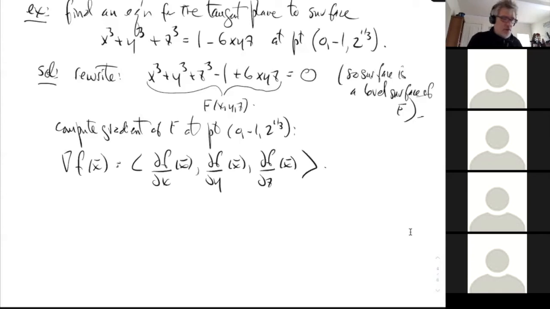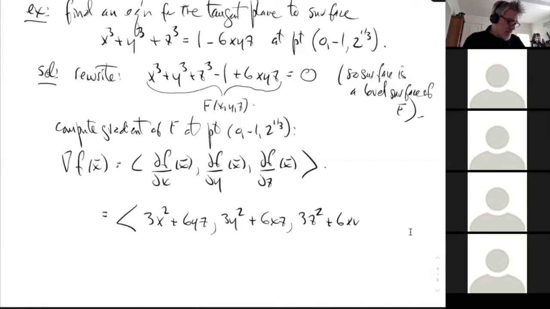So I compute my partial derivatives. With respect to x, I get 3x squared plus 6yz. With respect to y, 3y squared plus 6xz. And with respect to z, 3z squared plus 6xy. This is the gradient at any point.